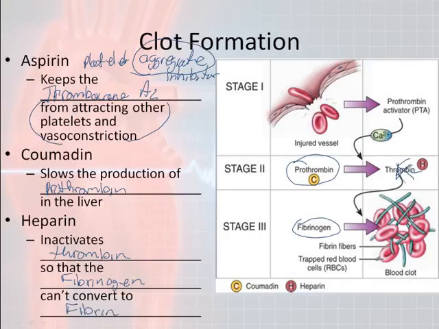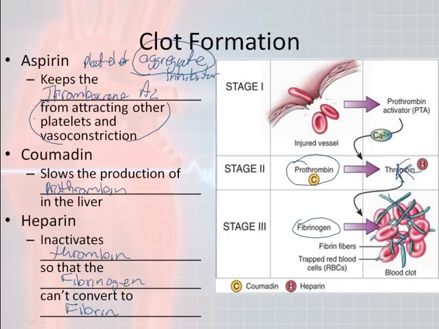If you inactivate the thrombin, fibrinogen, a free-floating protein, is just going to continue to be a free-floating protein. It's going to continue to stay dissolved in the plasma. It's not going to convert into these fibrin threads to try to build a clot. It's not going to happen.